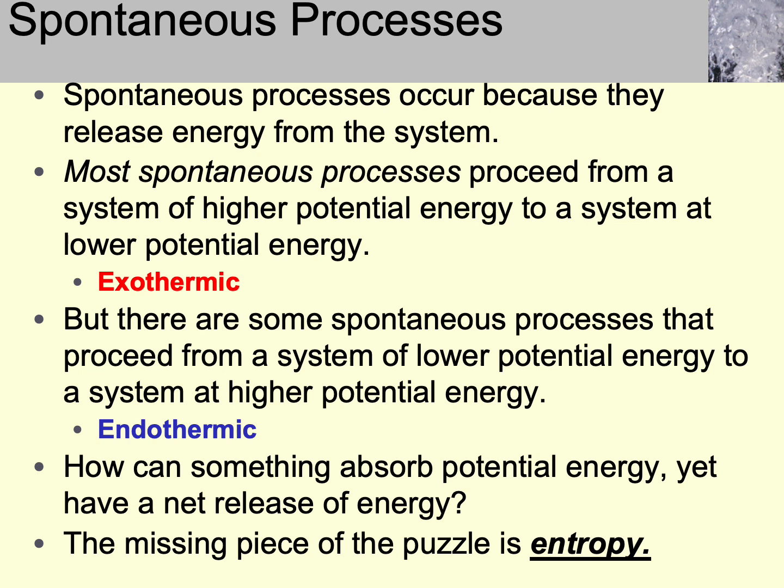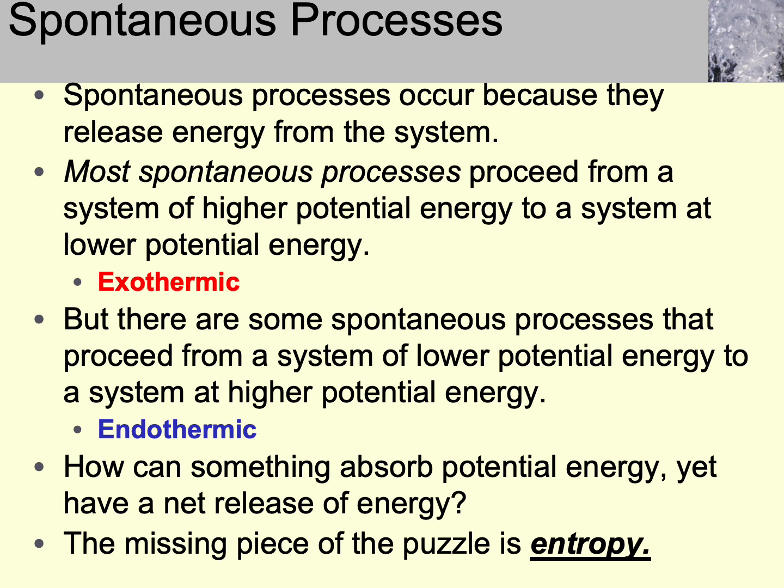Spontaneous processes occur because they release energy from the system, and most spontaneous processes proceed from higher potential energy to lower potential energy because they're more stable at the lower potential, and that's called exothermic. However, there are some spontaneous processes that do proceed from lower potential to higher potential, an endothermic process.